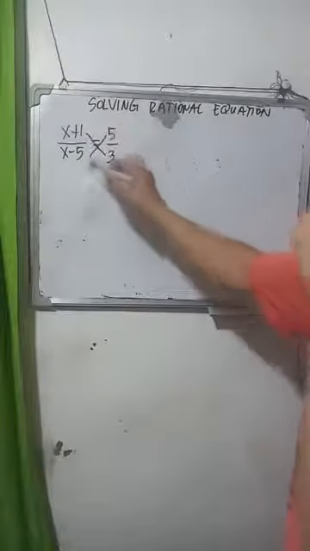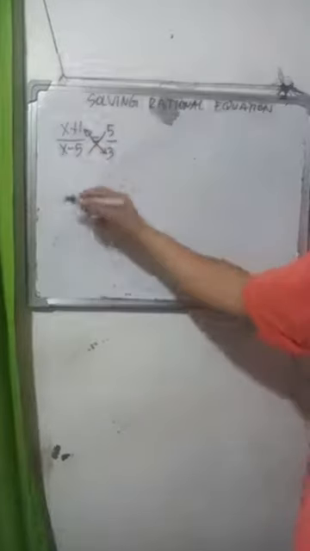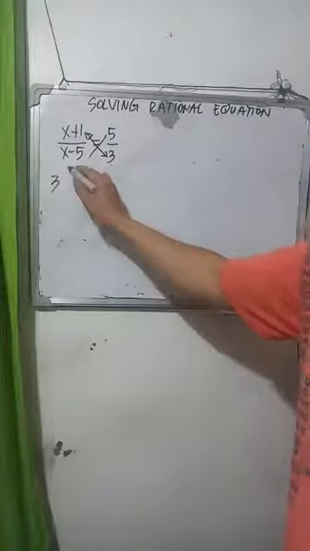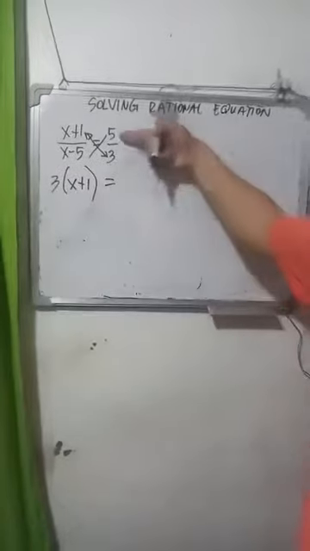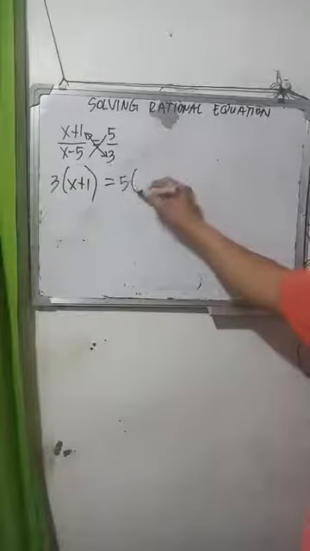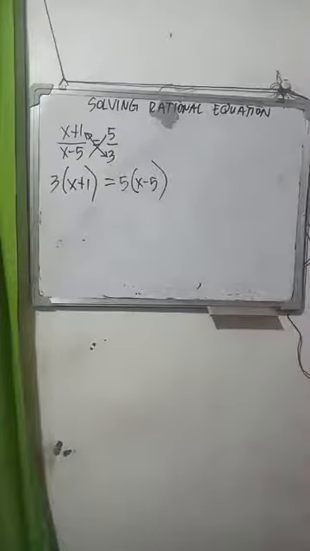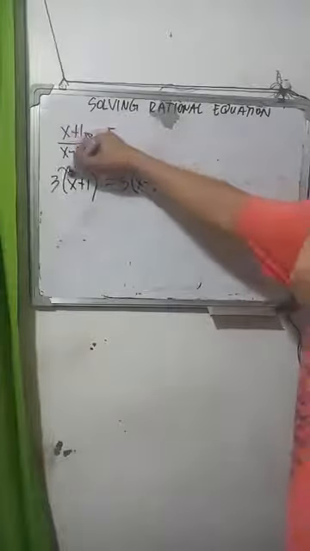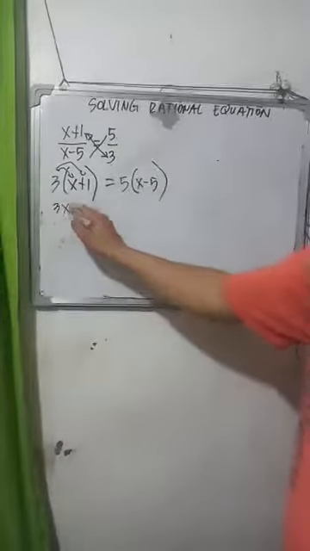Cross multiply. So x plus 1 times 3. So that is 3 times x plus 1 equals 5 times x minus 5. Then distribute lang natin yung positive 3 dito. So 3 times x, that is 3x.